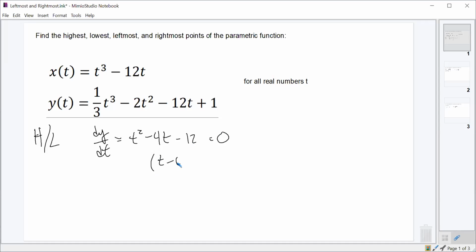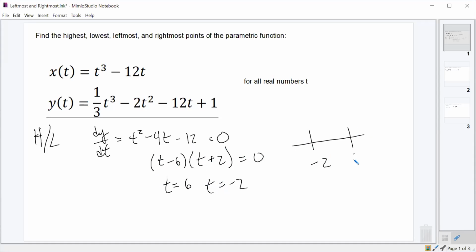Well, that'd be (t minus 6)(t plus 2). So t equals 6 and t equals -2. Everybody agree with that?